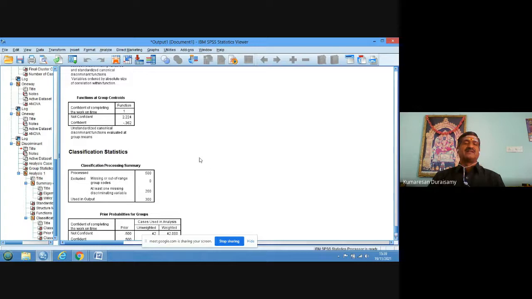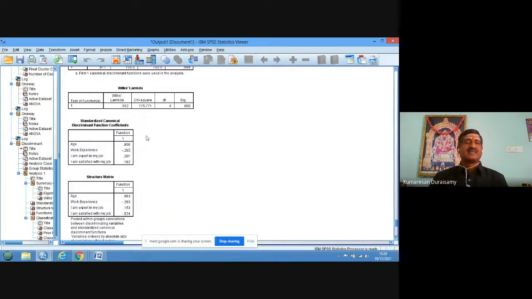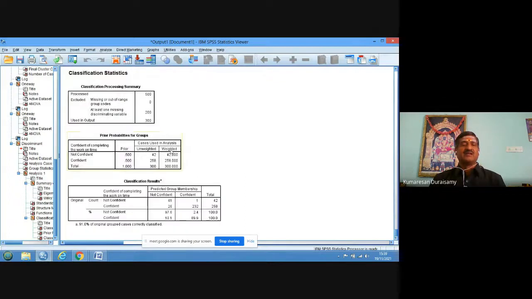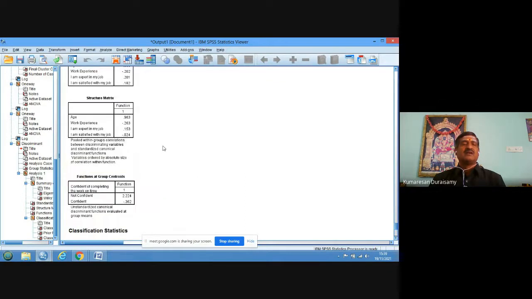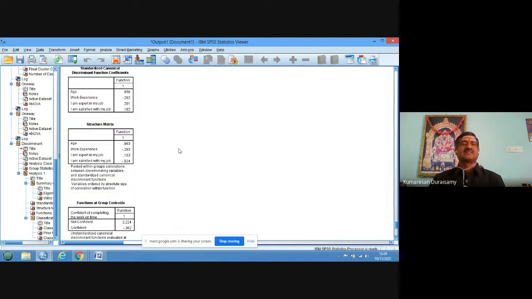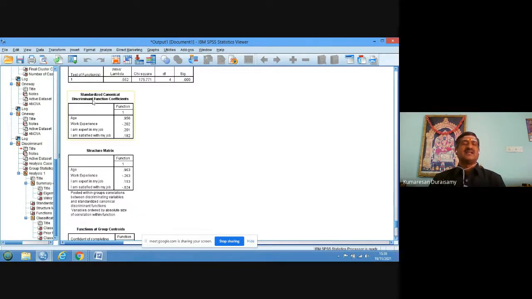Now look at the final three: the standardized canonical discriminant functions and the last one, the structure matrix. Here in the standardized coefficients, only one function is there. So age 0.956, experience minus 0.202, expertise 0.201, satisfaction 0.182.